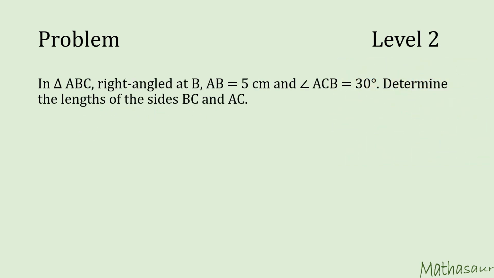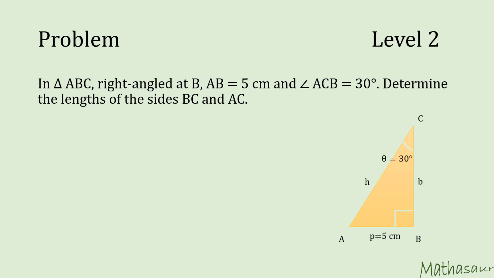Let us look at another problem. In triangle ABC right angled at B, AB equals 5 cm and angle ACB equals 30 degrees. Determine the lengths of the sides BC and AC. Let us draw the triangle. Let us call angle ACB as theta, which is equal to 30 degrees.